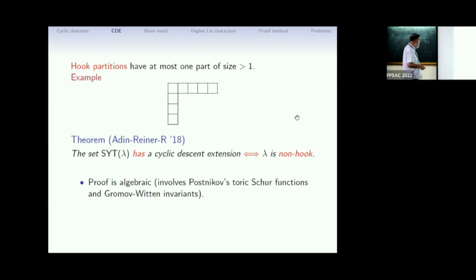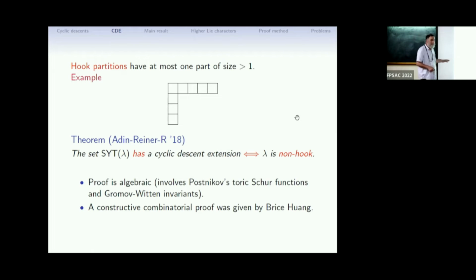And now there is a second proof given by Bryce Wang, a purely combinatorial proof. I should add that he was a very talented student at MIT and shifted to theoretical computer science, so people do not know of this. This involves twisted Schützenberger promotion for any shape and skew shape. Tom Roby told us that very few shapes behave coherently with Schützenberger promotion.